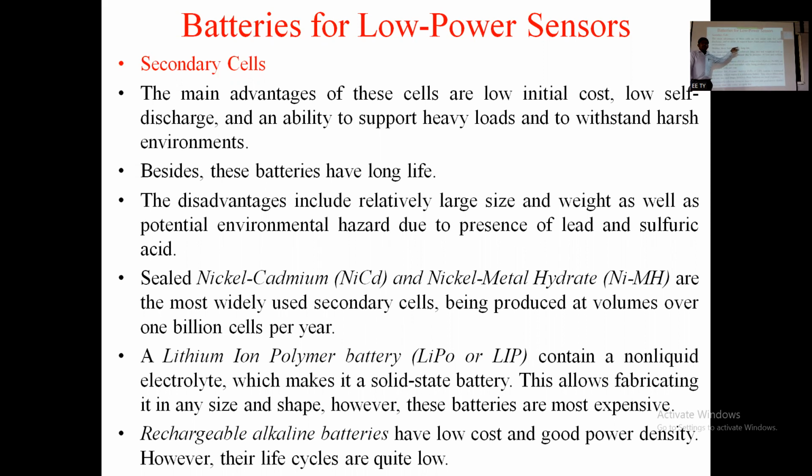So in the lead acid battery there is lead and sulfuric acid, which is hazardous to the environment, concentrated lead and concentrated sulfuric acid.